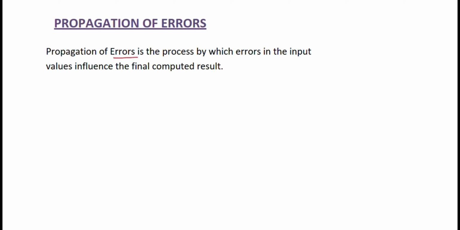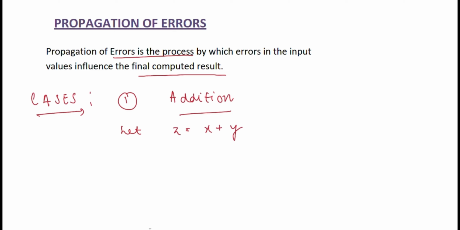The propagation of error, we can say, is the process by which error in the input values influences the final computed result. We have a few cases here. In the very first case, we have the addition rule. Suppose you have a number z equals x plus y, and let the errors in x and y be delta x and delta y.